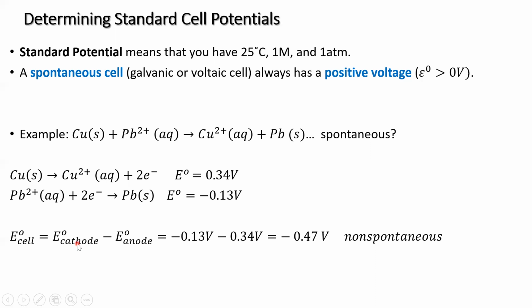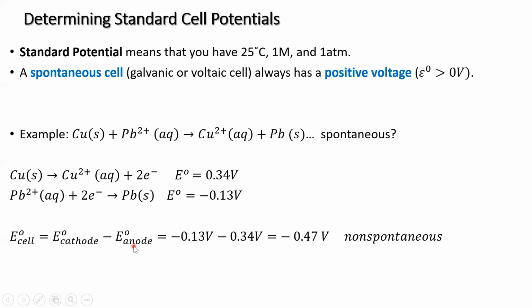Reduction takes place at the cathode, and lead ions are being reduced in this reaction. So for our E for our cathode, we're going to put in negative 0.13.